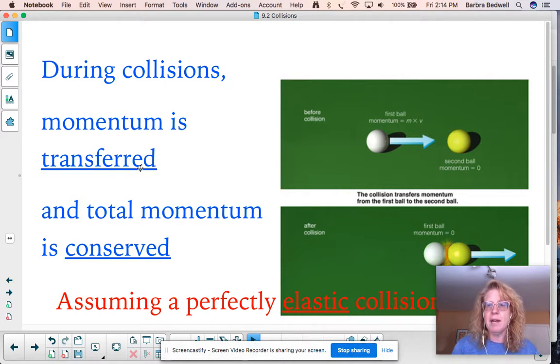And again, I mentioned this in the other video. Regarding units, I'll remind you that momentum is a dumb unit. I'm sorry about this. I don't like it. If momentum is mass times velocity, the units of momentum are going to be the units of mass times the units of velocity. So mass is in kilograms, velocity is in meters per second. Therefore, our momentum is in kilogram meters per second.